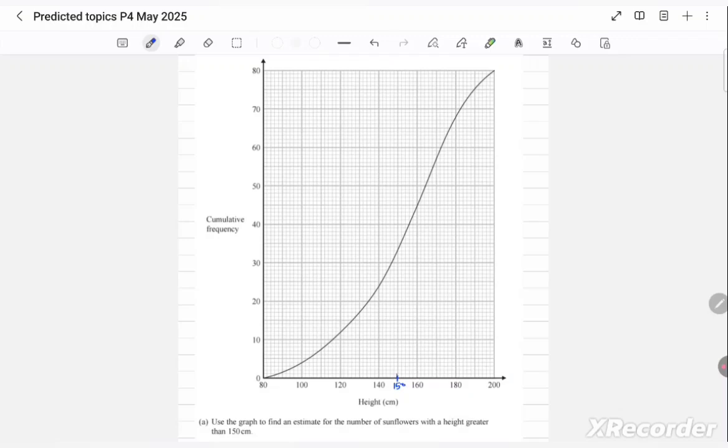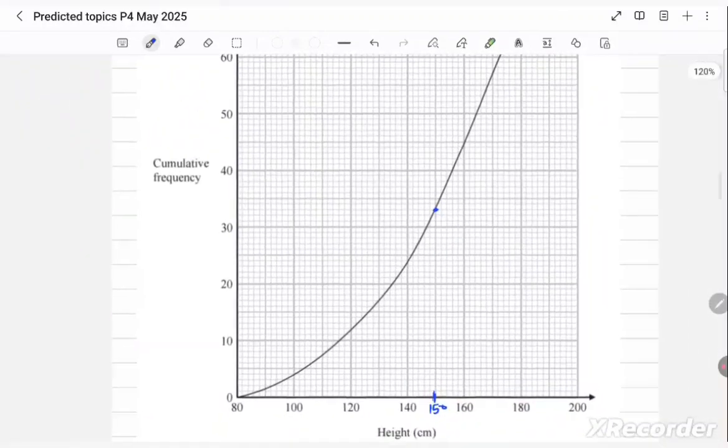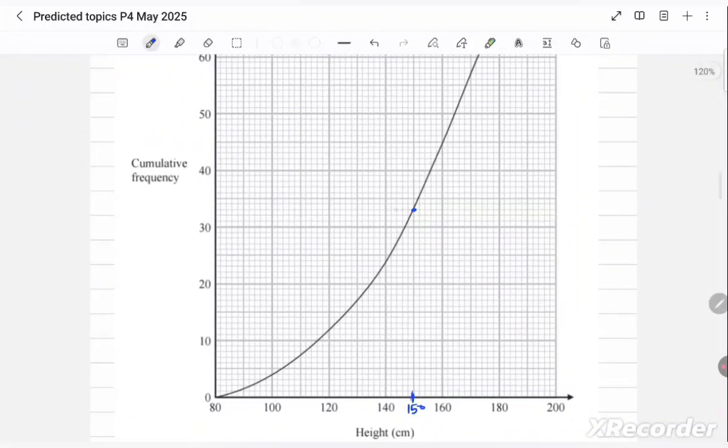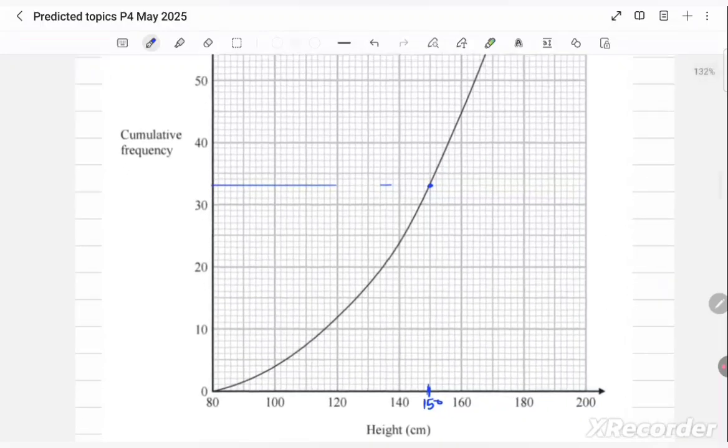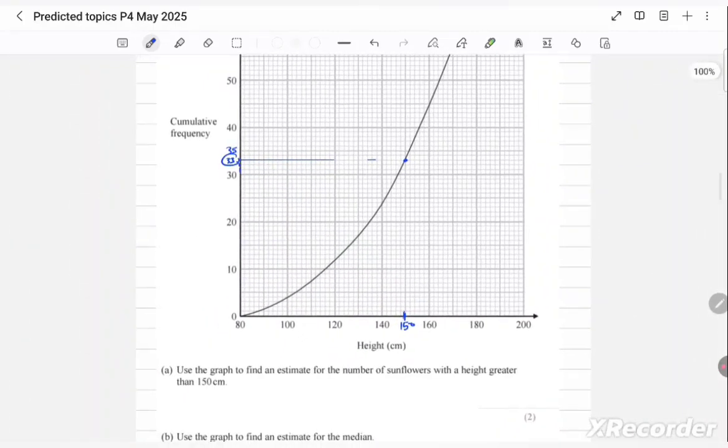Then if you go up, you intersect at this point, and then you go to the left. As you know, between 30 and 40 we have 35. So this is 31, 32, 33. This one, 33.